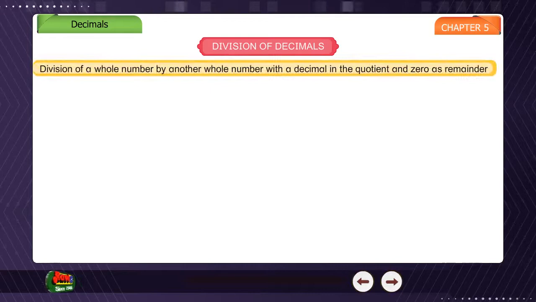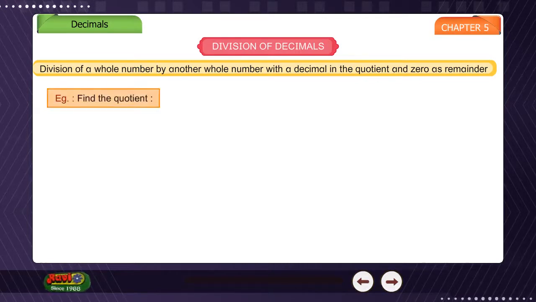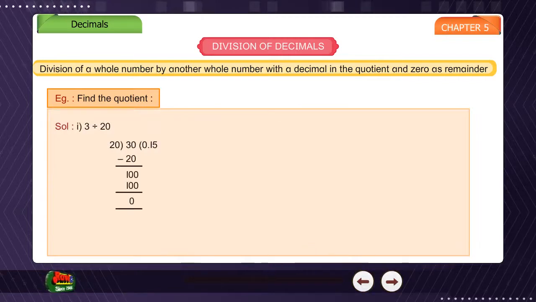Division of a whole number by another whole number with a decimal in the quotient and 0 as remainder. Example, find the quotient. Solution. 1. 3 divided by 20. So, 3 divided by 20 is equal to 0.15.